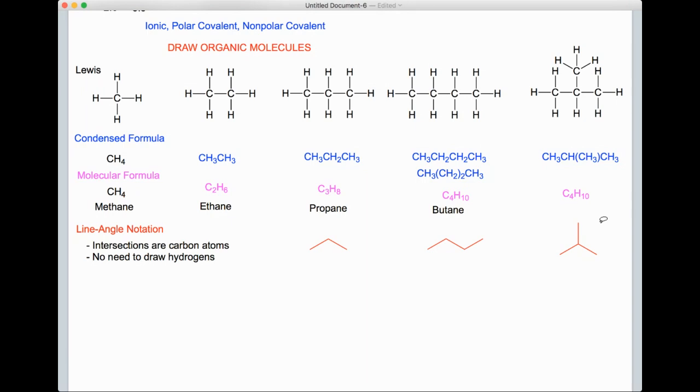And very important, the line and angle notation, in which we will use a line to show a bond. I'm gonna add it over here. Carbon chain, show a zigzag.